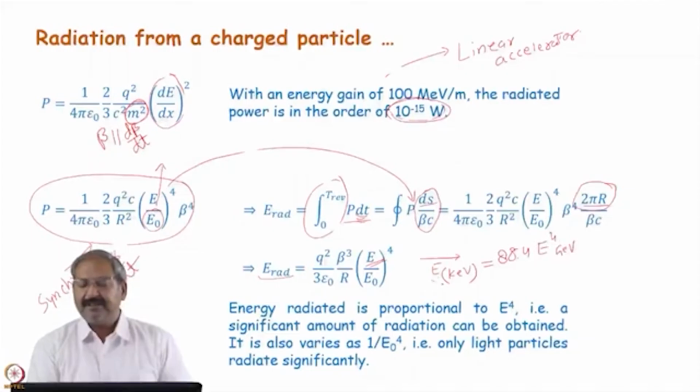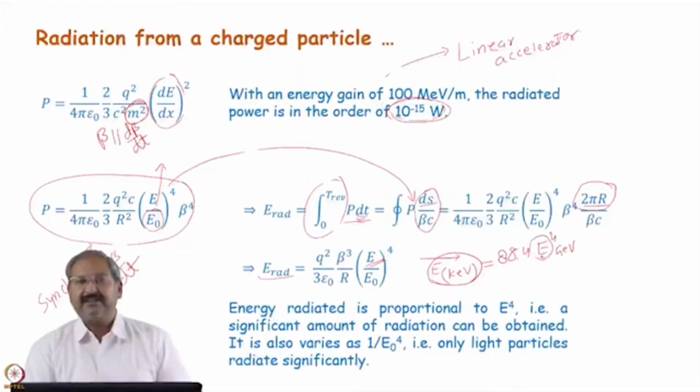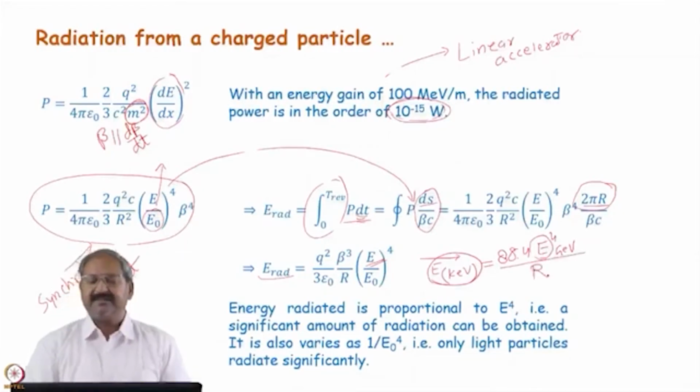Here E keV is the energy in the radiated electromagnetic field, and this E is the electron's energy upon R. So this is a simple formula for the electrons.